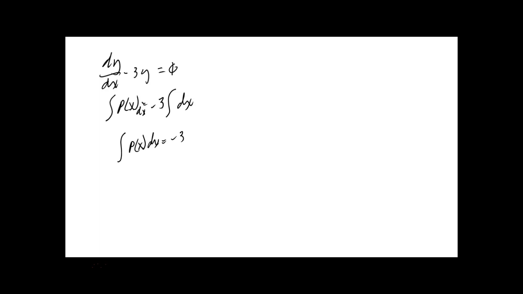What's the integral of dx? x. So minus 3x, there's your integral. What do you do with that? Raise e to that power. There's your multiplying factor, your integrating factor: e to the minus 3x.